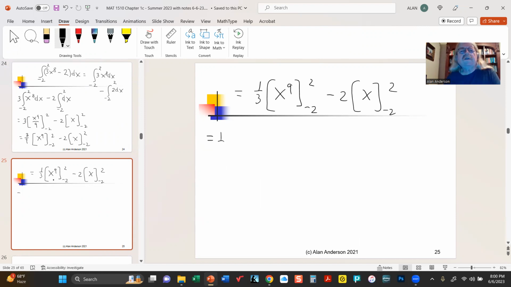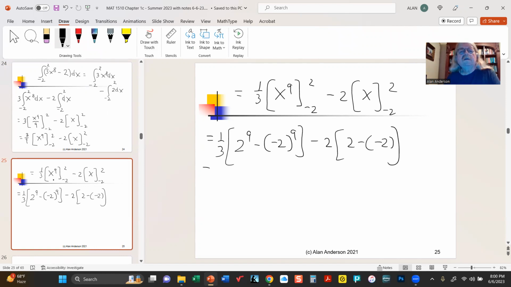All right, so what does that leave us with? We have 2 to the 9th minus negative 2 to the 9th. 2 to the 9th is 512. And so it's negative.